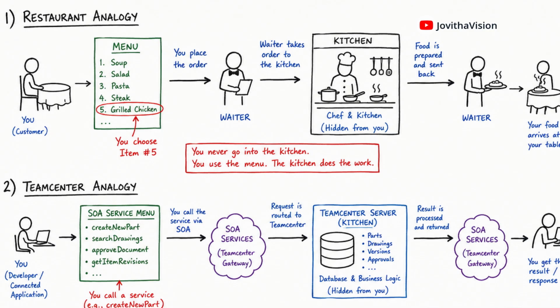Instead, Teamcenter gives you a menu of services. You call a service like create a new part, search for drawings, approve this document. Teamcenter does the work in the back and it sends you back the result. That menu of services is called SOA, Service Oriented Architecture.